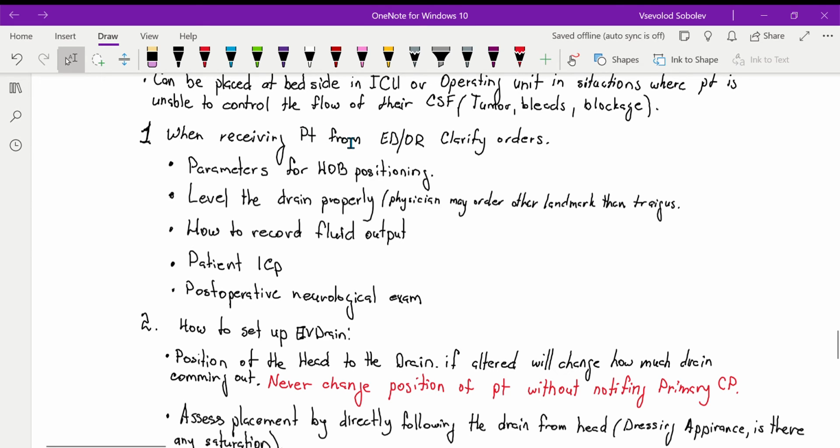First, when receiving patients from the ER, clarify orders and parameters for head of the bed positioning. They might order, let's say, 35 degrees. Level the drain properly. The physician may order other landmarks than the tragus, like the top of the ear.